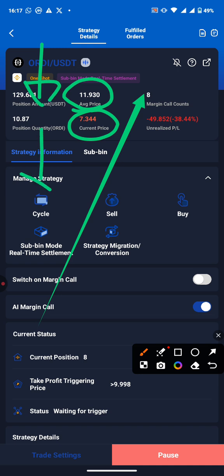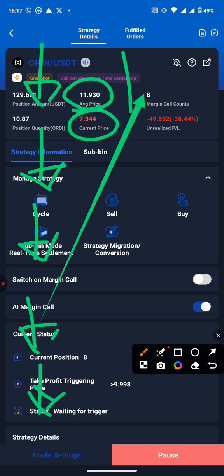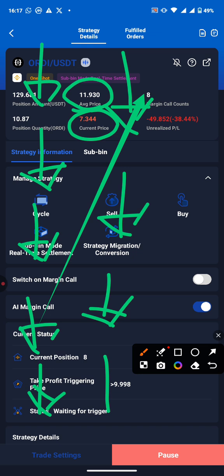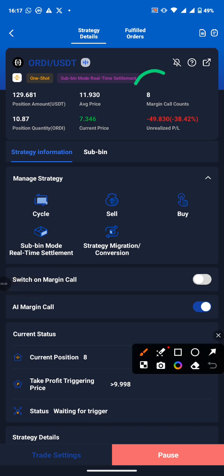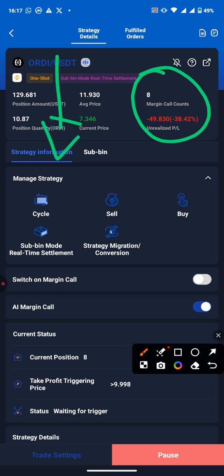Our robot bought the next time. When the market went down, it bought again, 8 times. That's why you're having 8 margin calls, which means that whenever this coin tried to drop, the robot kept on buying.